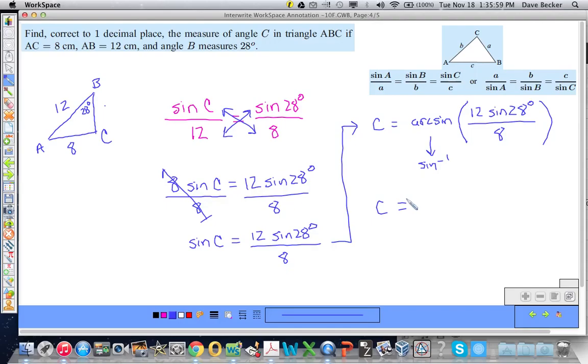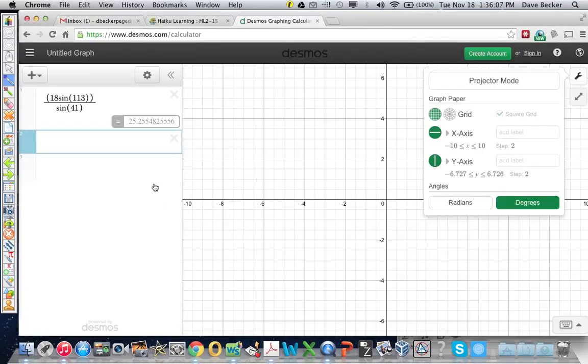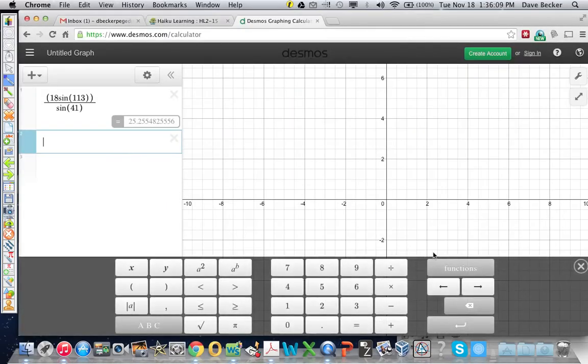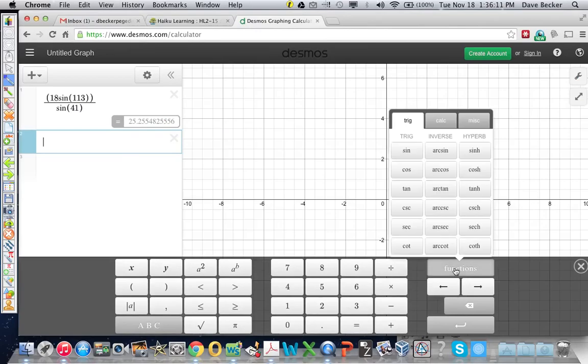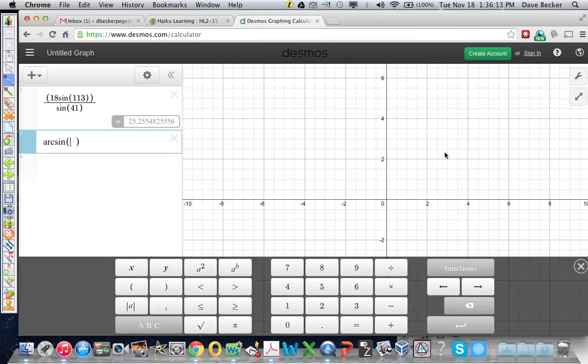So C equals, and now I got to go to the calculator, 12 sine 28 divided by 8. So now I got to do arc sine functions, arc sine, and I'm going to do the parentheses to keep all this on one side.